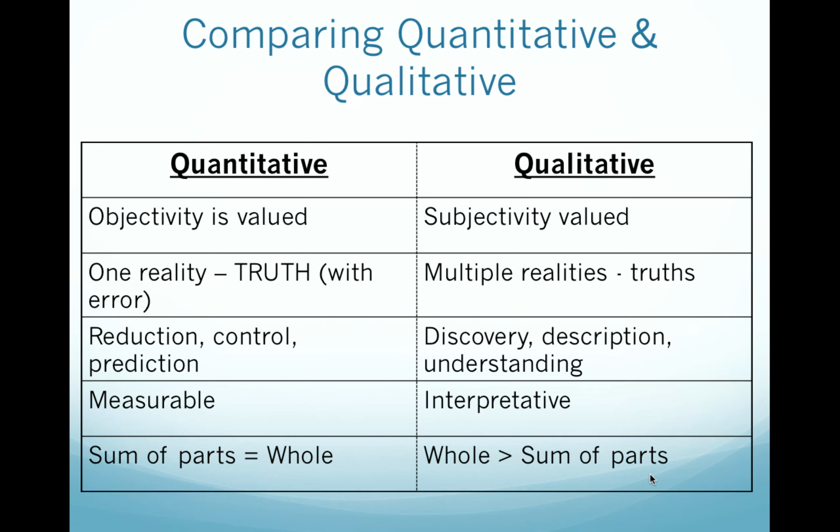Further comparing quantitative to qualitative research, here are some very specific characteristics. While quantitative research is very objective, qualitative is often subjective. In quantitative, there's this idea that there's one truth and you can get to it with maybe a little bit of error.